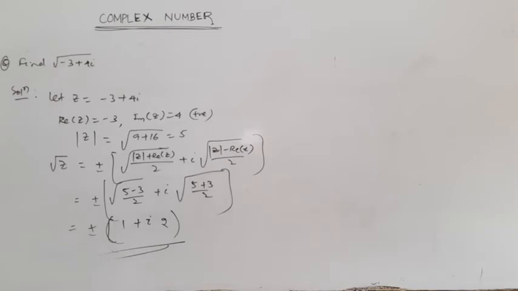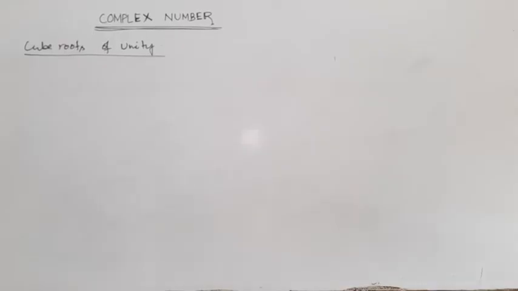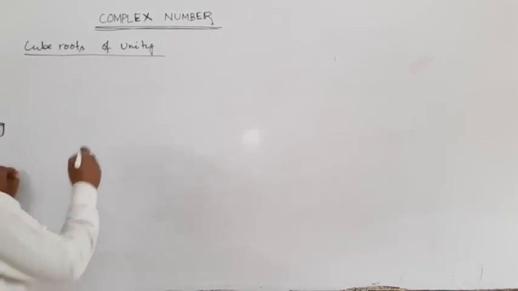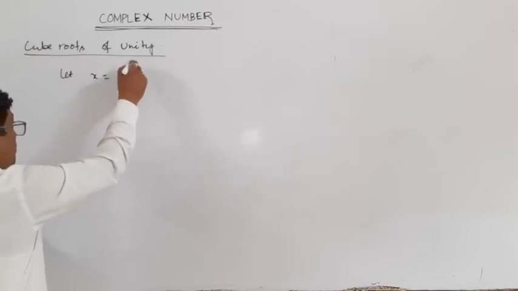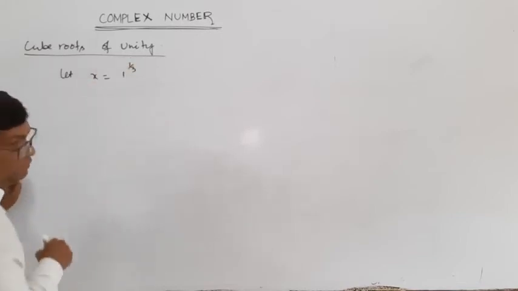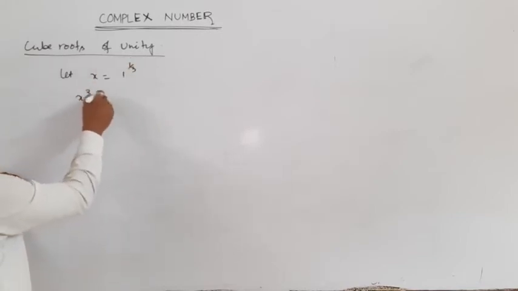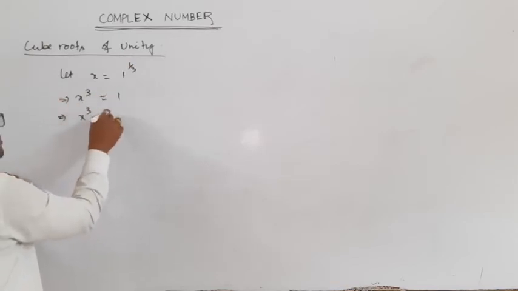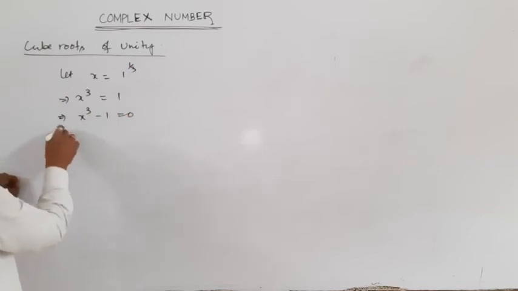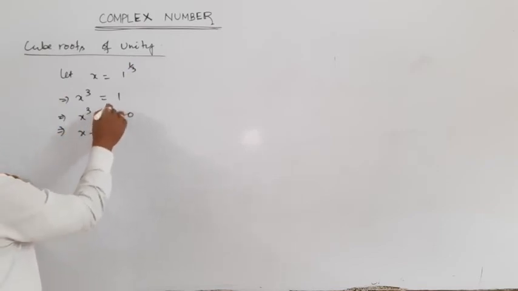Now cube root of the complex number. Now to find cube roots of unity, let x is equal to cube root of 1. So x cube is equal to 1. That implies x cube minus 1 is equal to 0. That implies x minus 1, that is 1 cube.